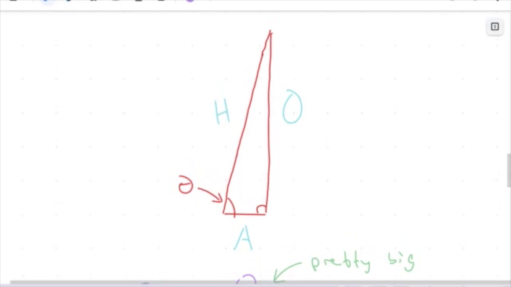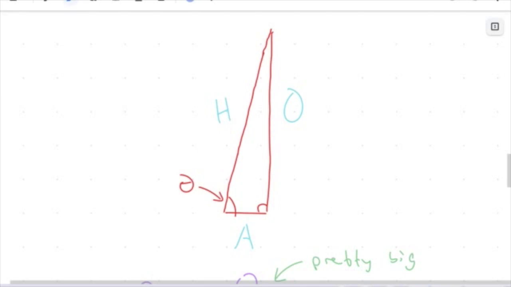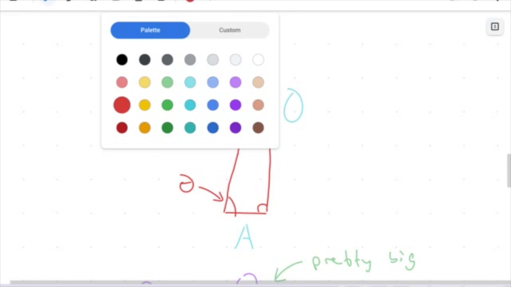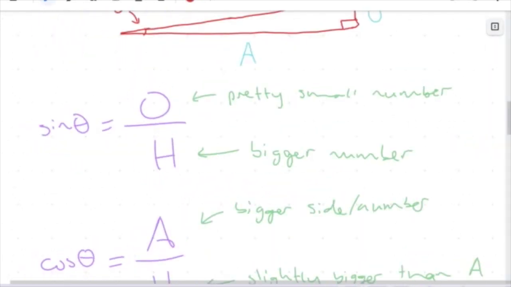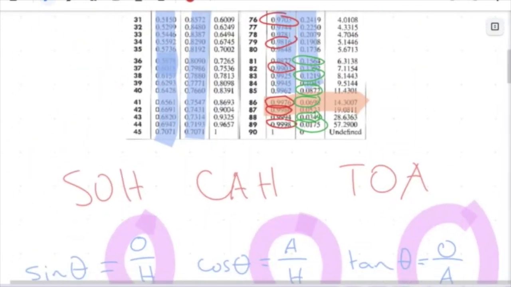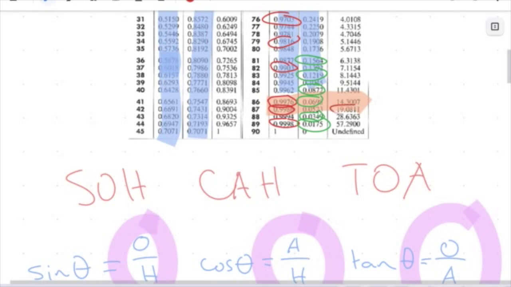And here there's quite a large discrepancy. As the angle gets really, really big, my opposite's going to be way bigger than my adjacent. So I would expect my tan here to be quite large, and in fact larger than 1. Let's look if that behaves as we predicted. It does. Look on this right hand side.